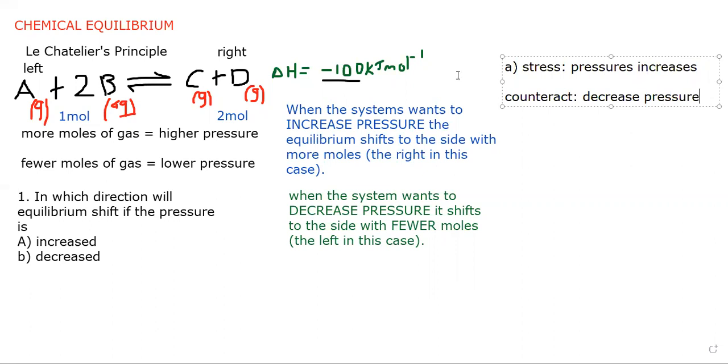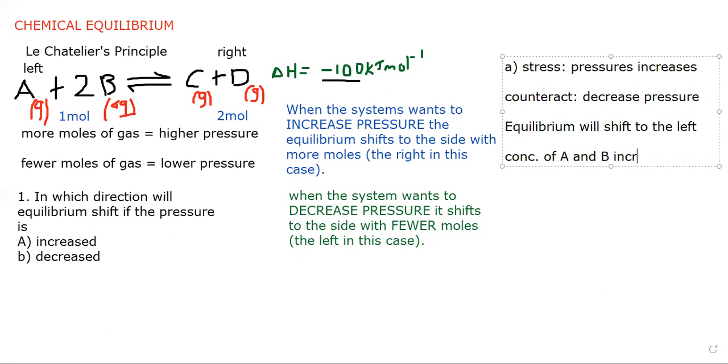And so for it to decrease the pressure, the system will shift to the side with fewer moles. When you compare the left and the right, the left has fewer moles. So the equilibrium will shift to the left. All right. When it shifts to the left, we can also look at what happens to the concentration of the substances. Once the equilibrium shifts left, the concentration of A and B increases.